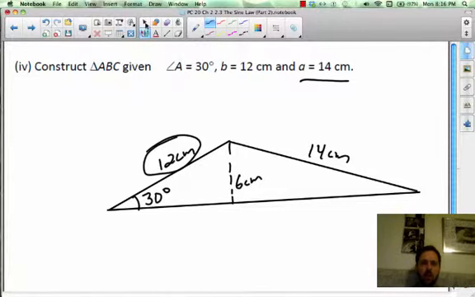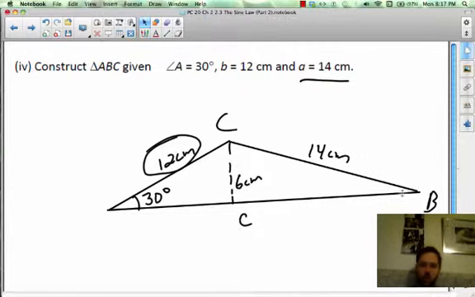If C can be any length, this short side, or this long side, small c, then we can make a triangle way out here like this, make a really large triangle with this side being really long.